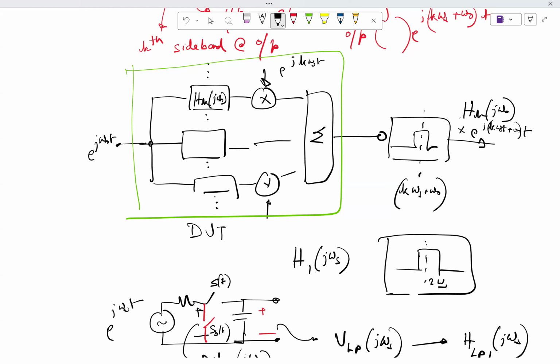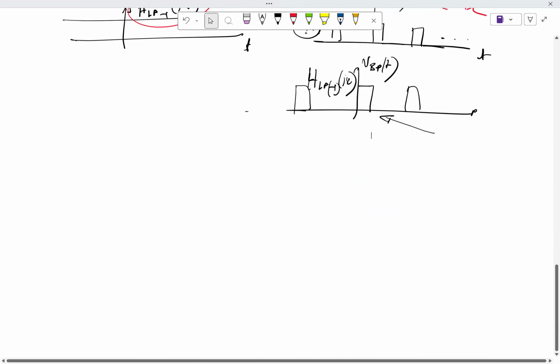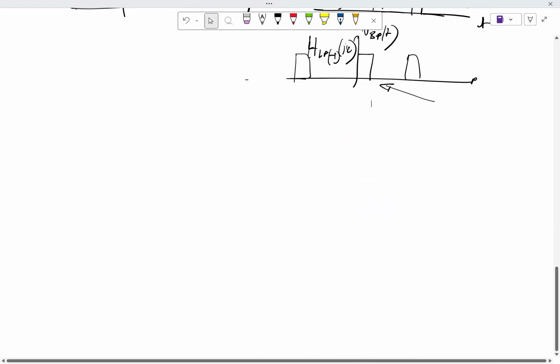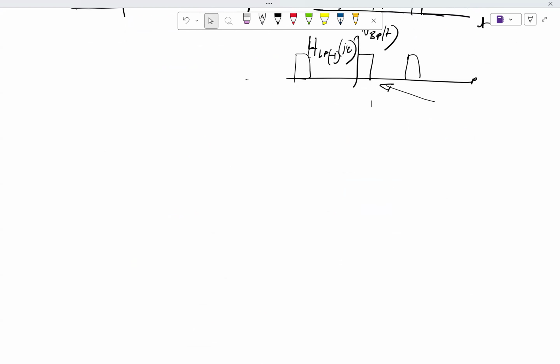Okay. So that being said, let me now move on to completing this circuit. When I say completing the circuit, what I essentially mean is this.